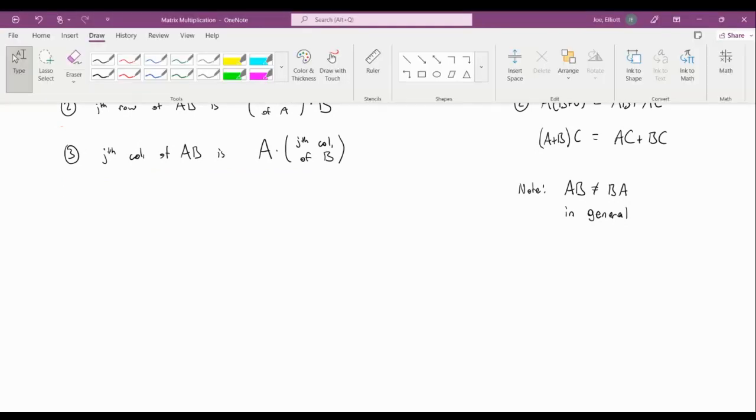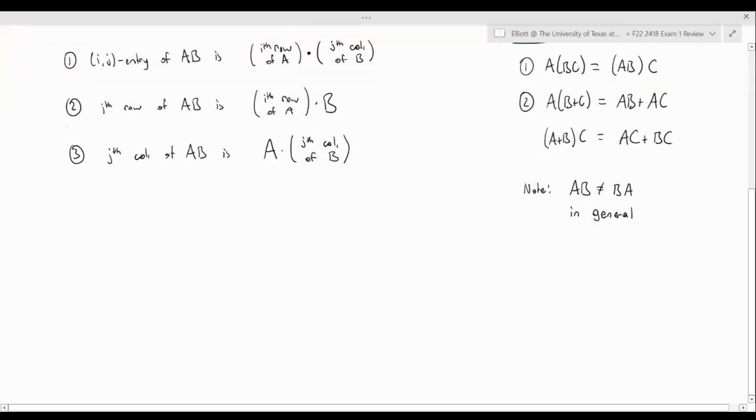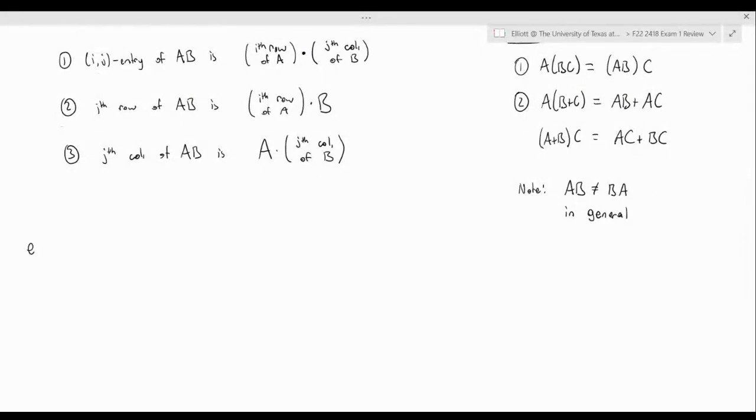So let me do a few examples, just illustrating how this works. Won't take too long. Let me create a couple of matrices with some numbers in them. Let's make A a 3x2 matrix to start with: 1, -2, 3, 1, 0, 2.